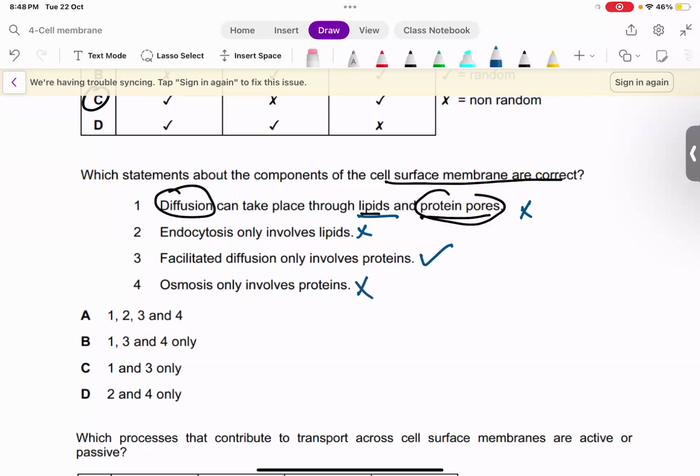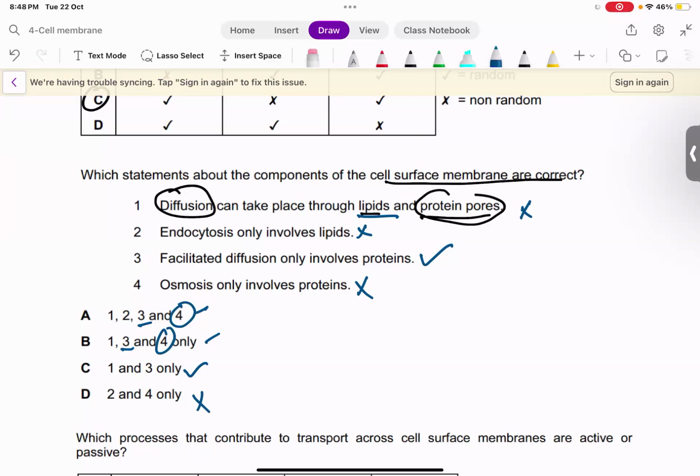It doesn't involve proteins. Yes, this is correct, 3. So this should be a correct choice, and this cannot be a correct choice. Why? Because 3 is not there. And then we have two more choices that have 3 in them. It means we will have to look for 4, because there is a 4 here and a 4 here.